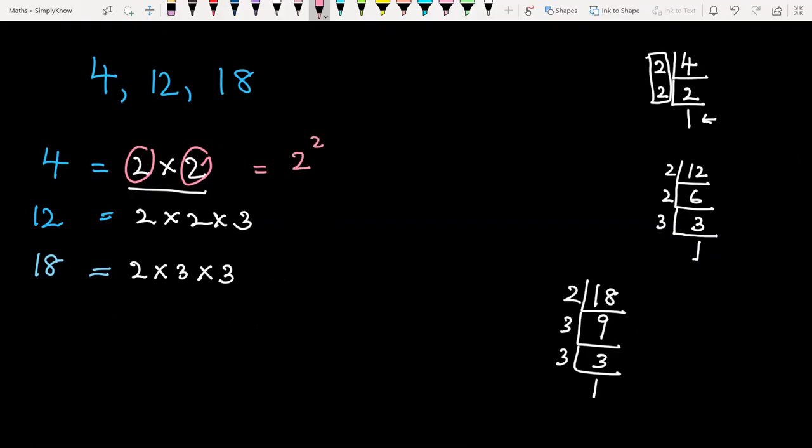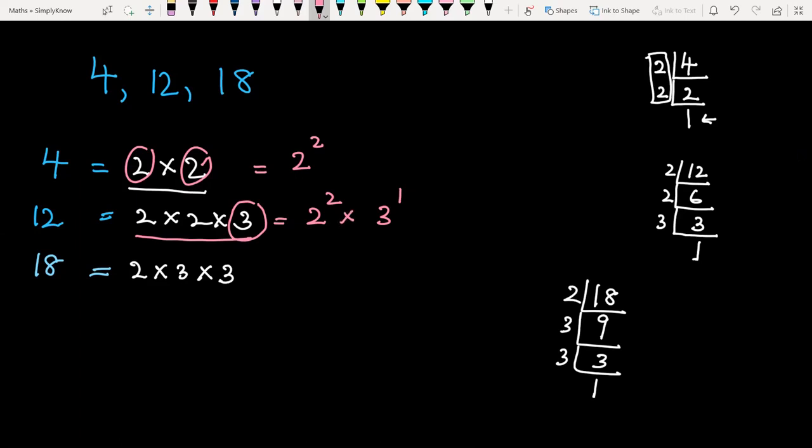Now, what about this product? Here we again have two 2's. So it should be 2 to the power 2. And here we have only one 3. Therefore, as a power, it should be 3 to the power 1. And we need to place the multiplication here.